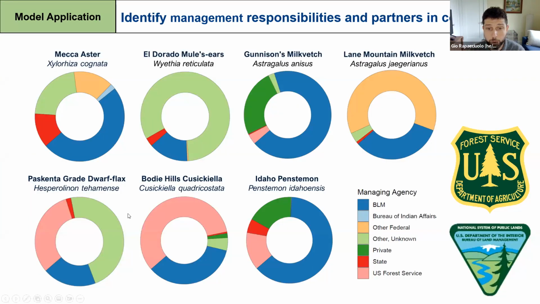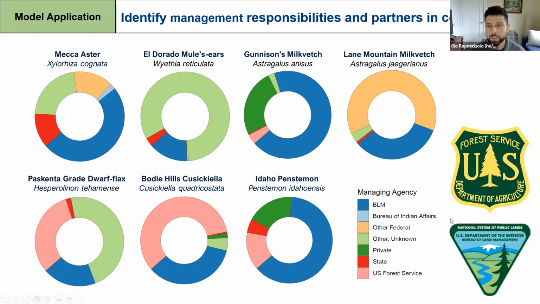Another useful application is to identify management responsibilities for different types of entities, and therefore identify partners in conservation. So you can see here that what we've done is essentially identify who manages the land that overlaps the area of predicted habitat for a given species.